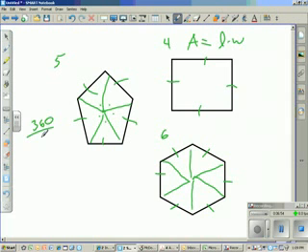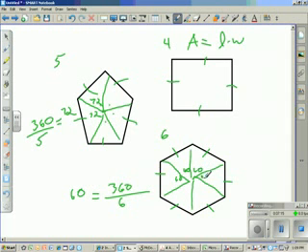And I broke it into how many equal angles? 360 divided by 5 is 72. Each of these angles is 72. Six-sided figure. 360 divided by 6. Answer, 60. Each of these angles is 60.